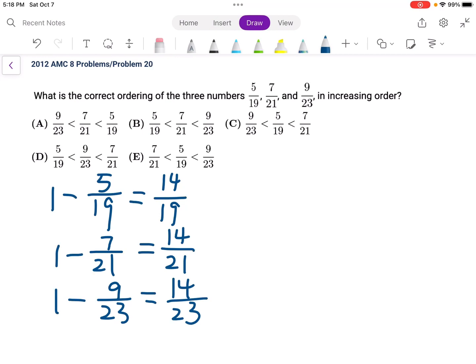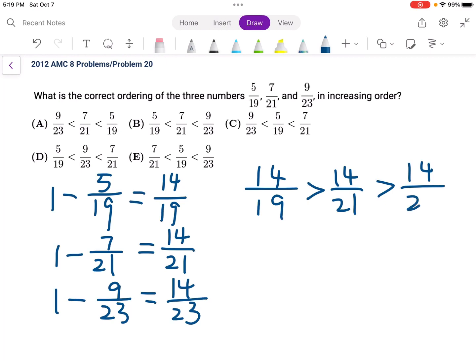Now we can say that because the denominator 19 is smaller than 21 and 21 is smaller than 23, therefore we know that 14 over 19 is larger than 14 over 21, larger than 14 over 23.